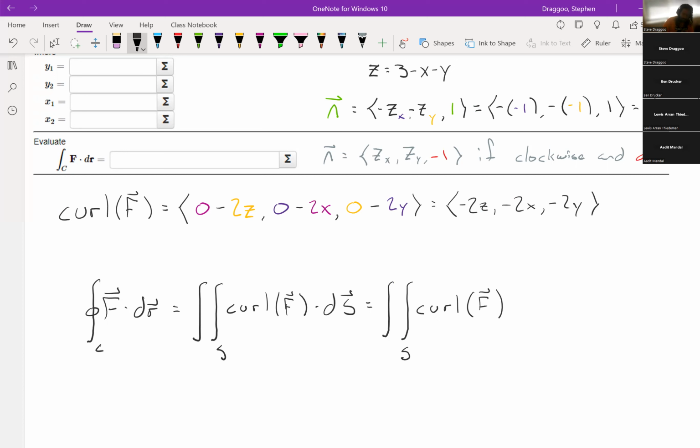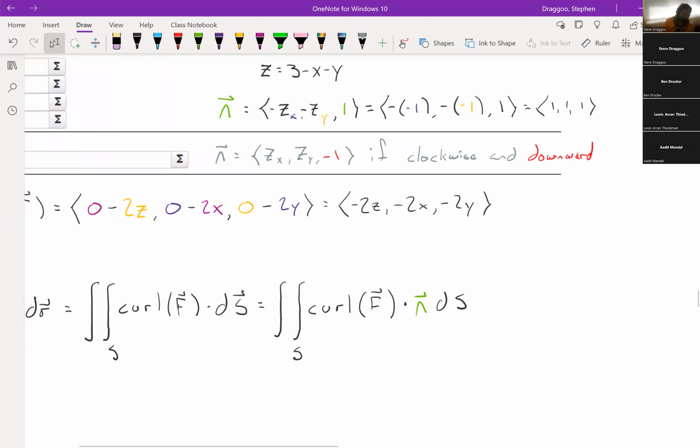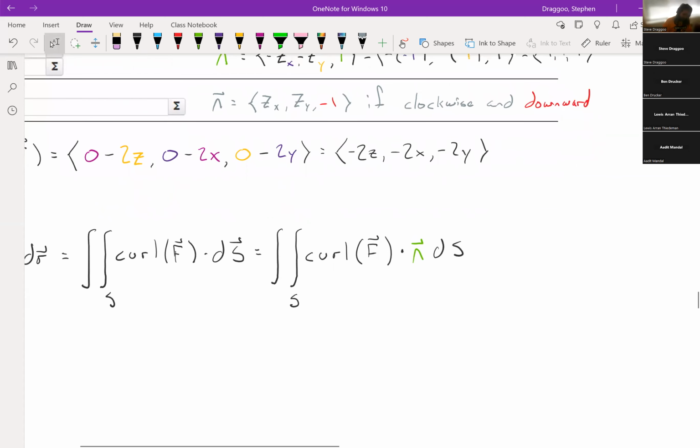We're going to say that that vector valued dS is really a normal vector times the regular scalar integrator token dS. That's what we want to do. So what we need is the curl dotted with the normal vector, and then we can have our basically regular old dA coming in. So we've got all that.